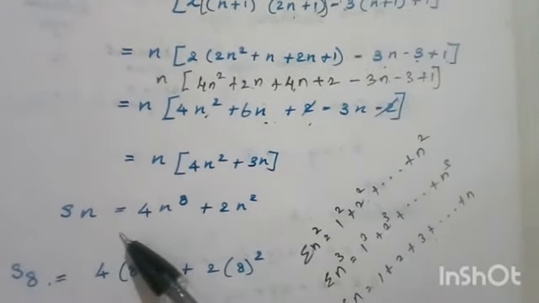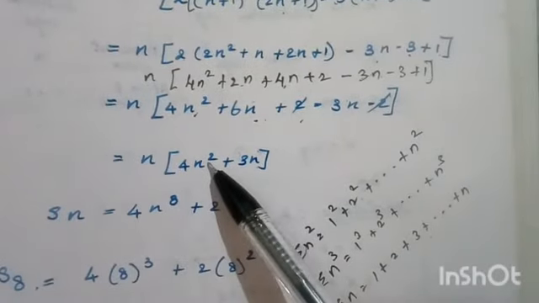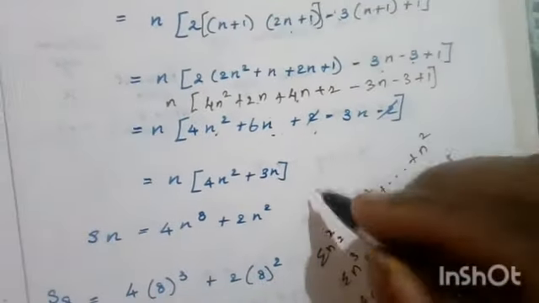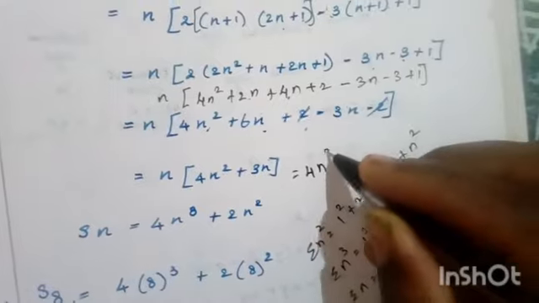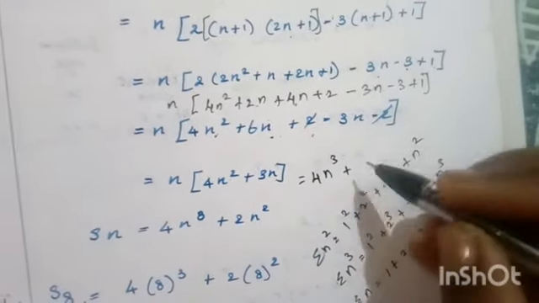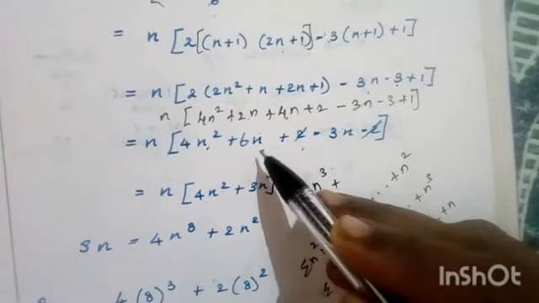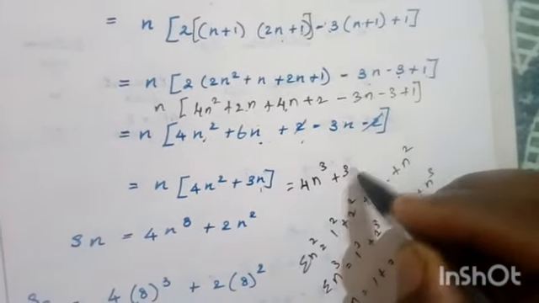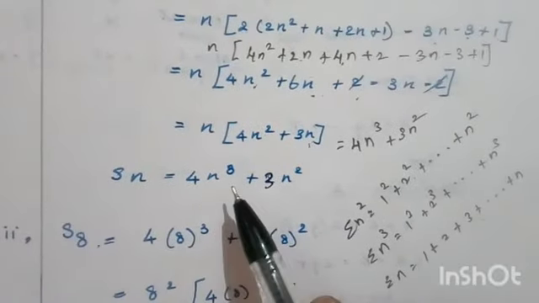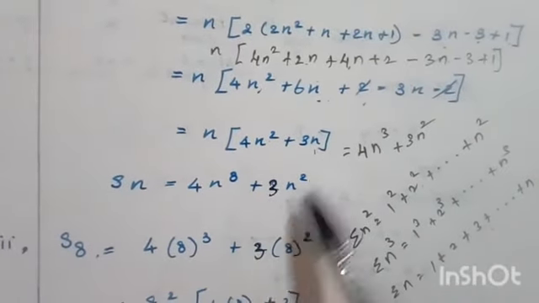So Sn is equal to n taken inside, that is 4n cube plus 3n square. Now the general term Sn is equal to 4n cube plus 3n square.